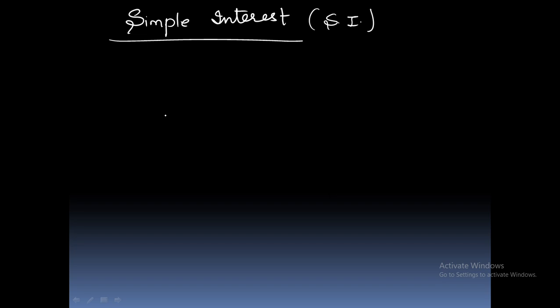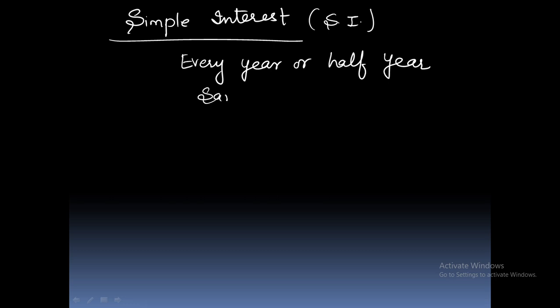Now the next important point in this chapter is simple interest. This is represented by SI. When the interest is paid to the lender regularly every year or half year on the same interest, we call it simple interest.